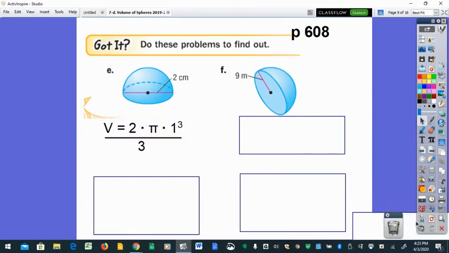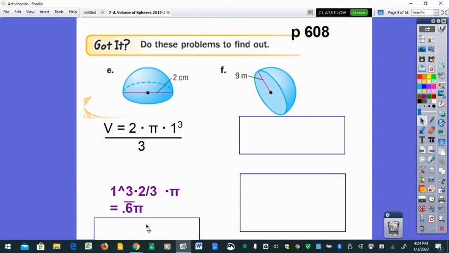So our formula is going to be volume equals 2/3, not 4/3, because remember it's a hemisphere, it's half a sphere, so we took half of the 4. So 2/3 times pi times the radius, half of the 2, cubed. Make sure you cubed it and didn't square it. 1 cubed times 2 divided by 3.